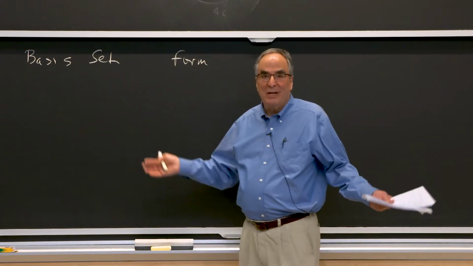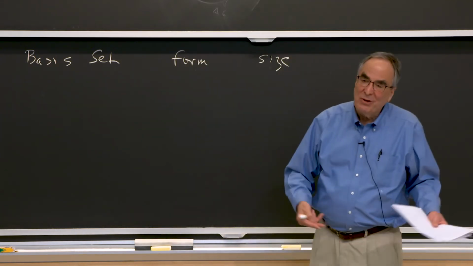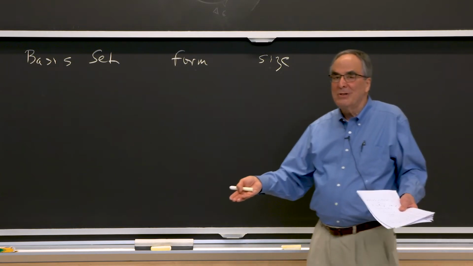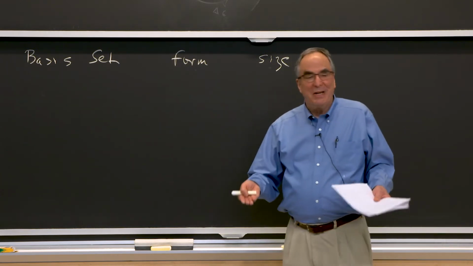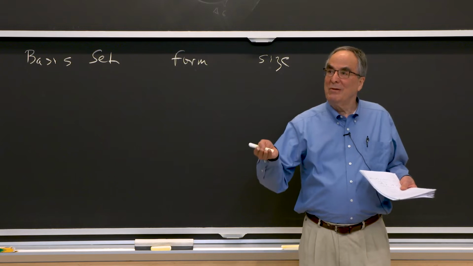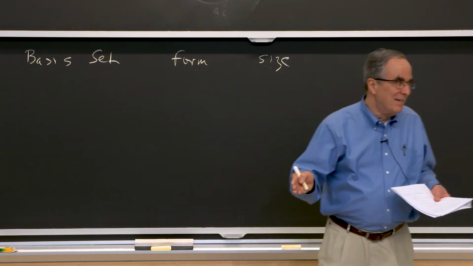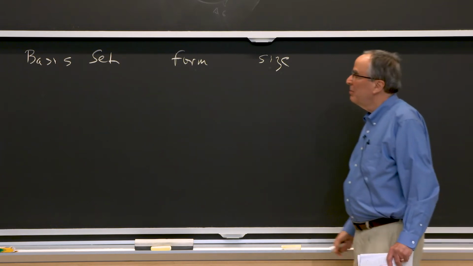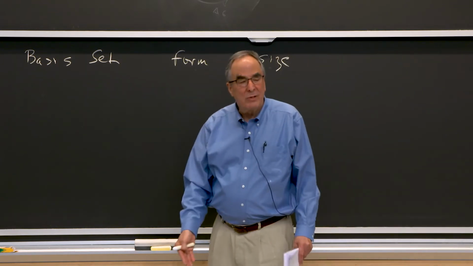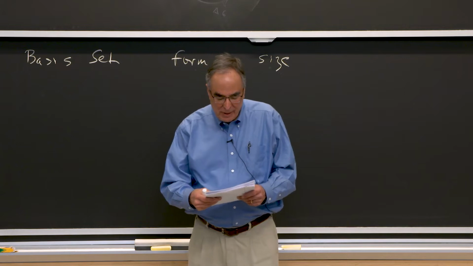It just says, okay, here's what you wanted me to do. I don't know whether it's a stupid question or a smart question, but I'm answering what you did ask, not what you thought you asked. Okay, but we're going to show how it works with the simplest possible basis set.